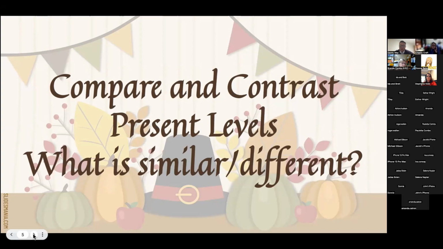It's a telltale sign when the specially designed instruction does not match those areas. For example, if you have a student with a cognitive disability and a really low working memory, we should have specially designed instruction that attacks working memory and teaches students to exercise their brain and make those connections.